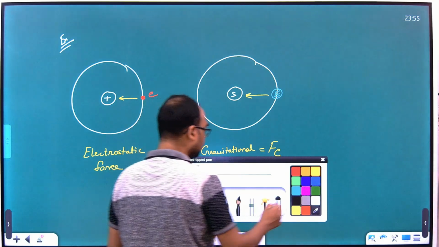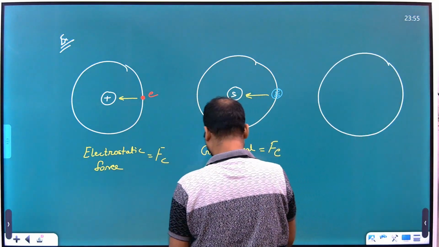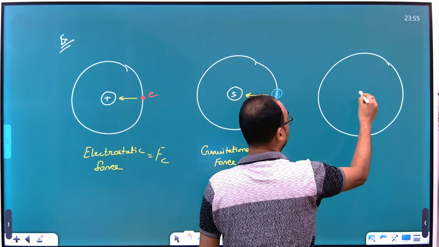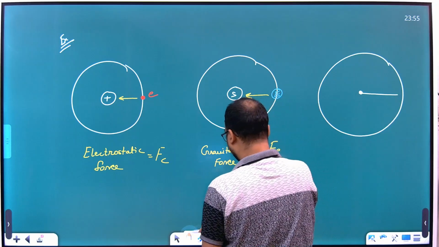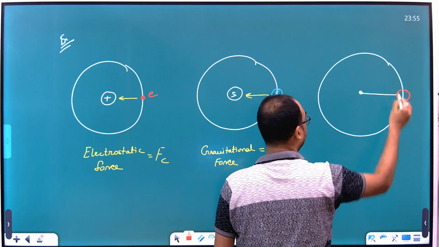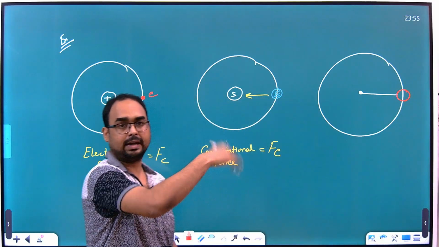Let's take another example. Let's say you tie a piece of stone and you rotate it in a circular manner.